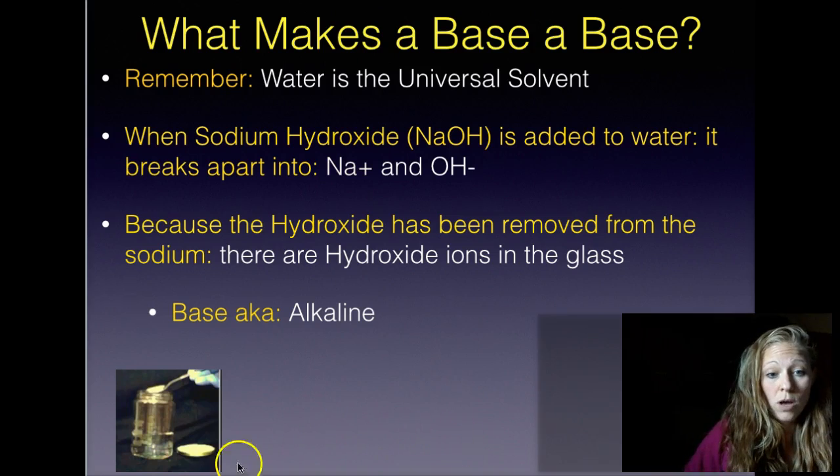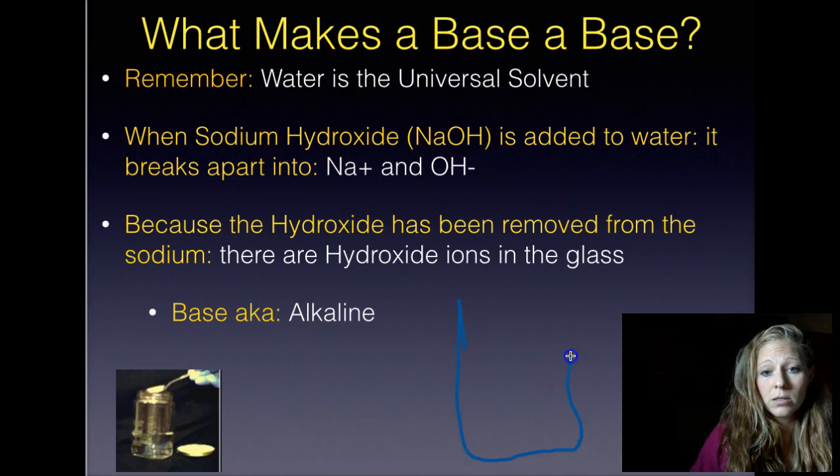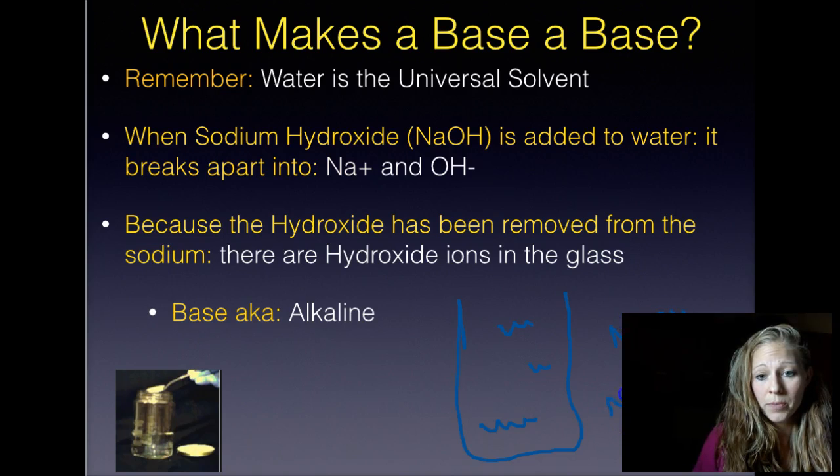I'm going to draw this out for you. Here is our glass, and here's our water, our universal solvent, which is going to break the NaOH into Na plus and OH minus.